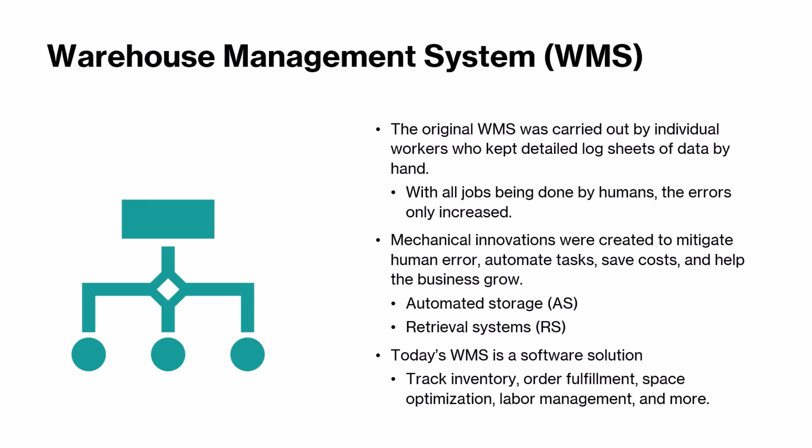Order fulfillment, making sure orders are being sent out and received at the correct rate and they are the correct orders being sent out. Space optimization, so that the warehouses can make sure they're using all the space efficiently, as well as storing products and things like that in the best manner that they can.